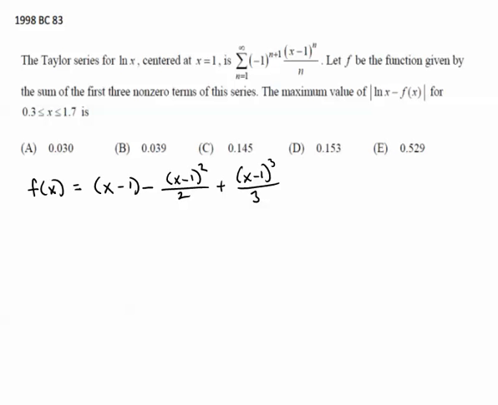So I'm going to use the calculator to enter y1 is going to equal f of x, or those three terms, the sum of those three terms.